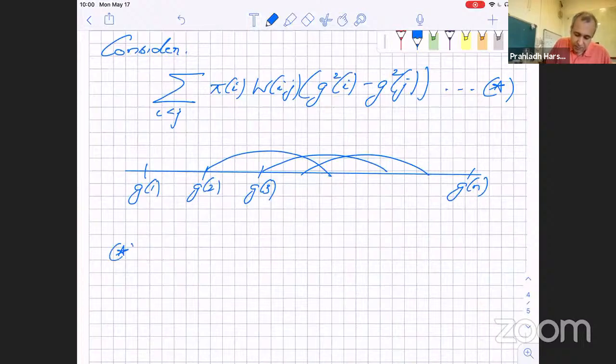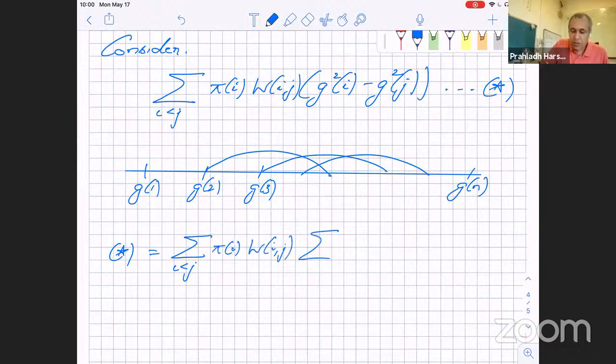So this can be written as the sum over i less than j of phi i wij. Because it's gi square minus gj square, I can write it as a telescopic sum, k going from i to j minus 1 of g square k minus g square k plus 1.